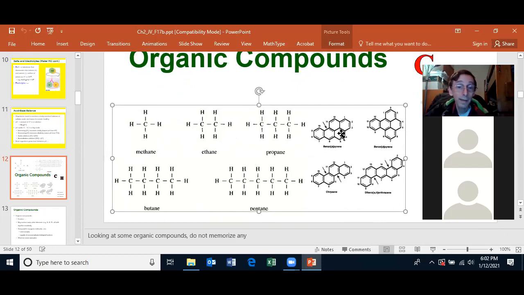Any question about that? Just showing you some of the organic compounds. Methane is the simplest organic compound, CH4. And don't ask me what the most complex organic compound is. It's probably one of the biological molecules, but I don't know.